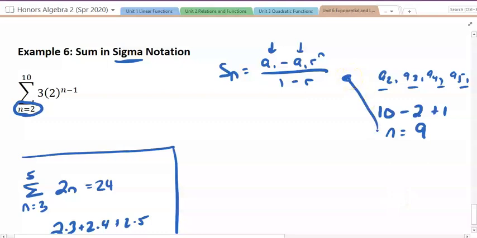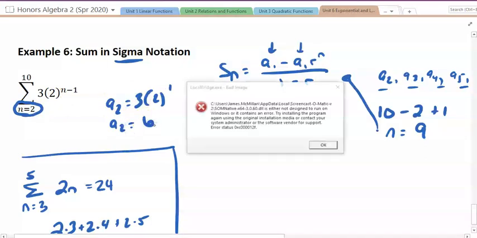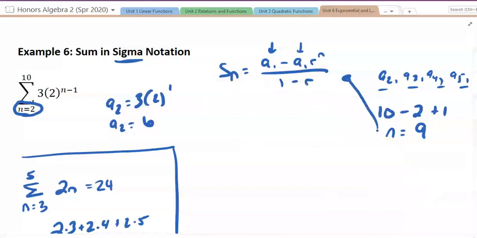series formula. Okay, so with that being said, what is our a sub 2? Well, a sub 2 would be the 3 times the 2, and 2 minus 1 is 1. So a sub 2 is equal to 6. So that becomes my a sub 1 that is going to plug in here and here.